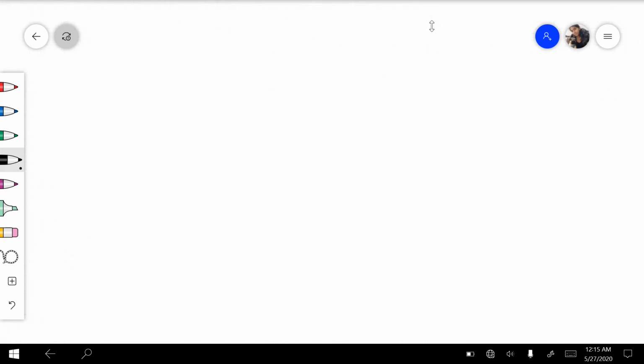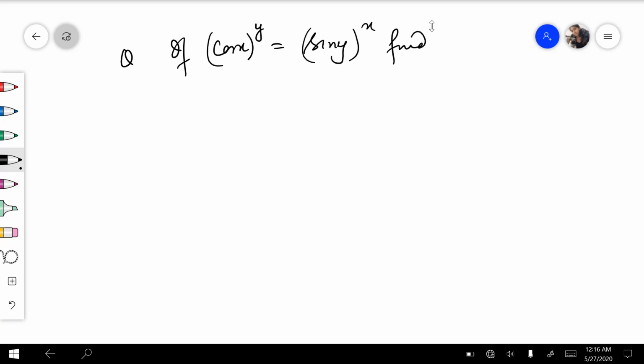Suppose I am having: if (cos x) raised to power y is equal to (sin y) raised to power x, find dy by dx.